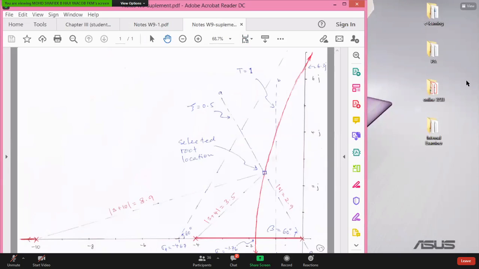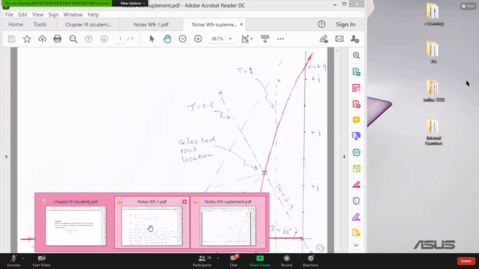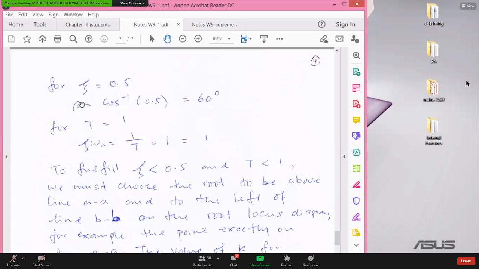Any point above this blue line from the origin at 60 degrees is going to satisfy the requirement that the damping ratio must be less than 0.5.